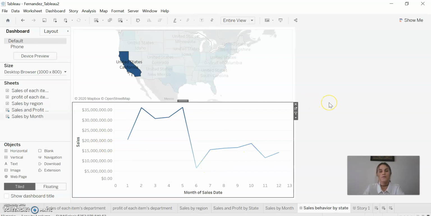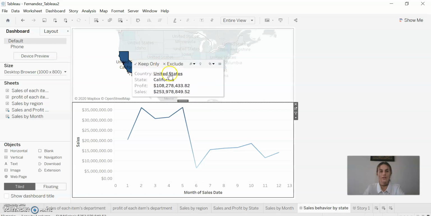If you work in a marketing, sales, or management department and you work with the state, you can see how your state is doing in sales, and then you can pick the pertinent activities to put the sales back up, or whatever strategy you want to use.